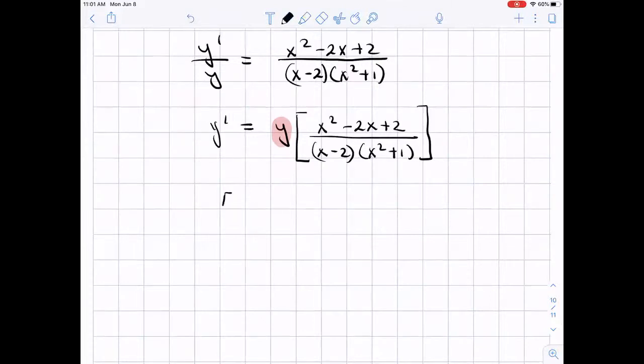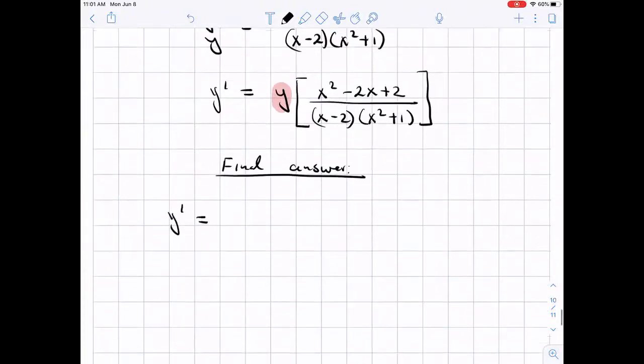So finally, final answer is y prime is equal to y, which was the value of y, is x minus 2 quantity squared over the square root of x squared plus 1.